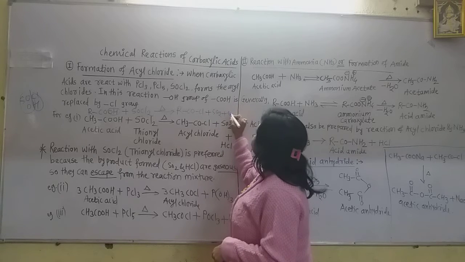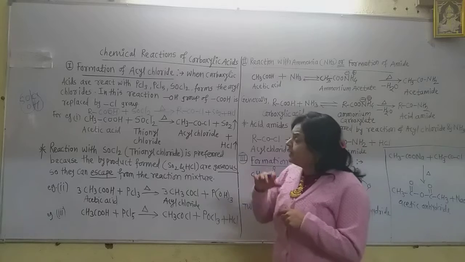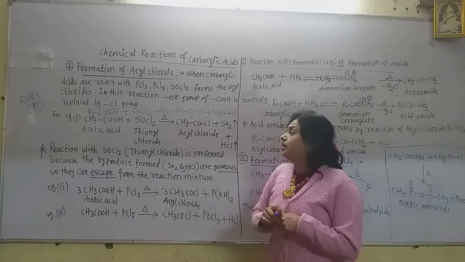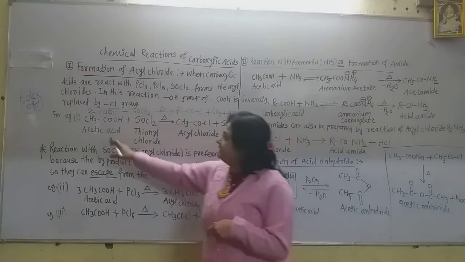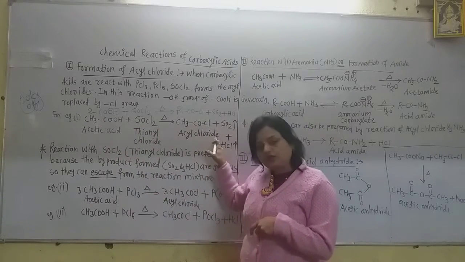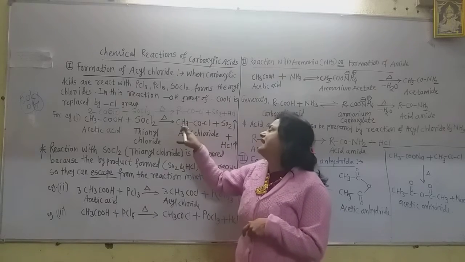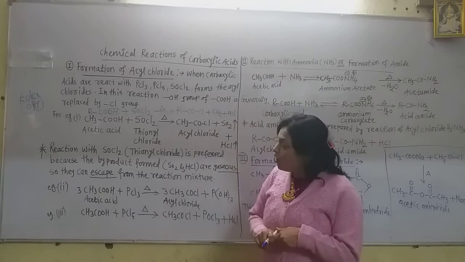You can take any carboxylic acid for the preparation of the corresponding acyl chloride. Here, acetic acid reacts with thionyl chloride to form the acyl chloride, whose name is acetyl chloride, and these two byproducts are formed.